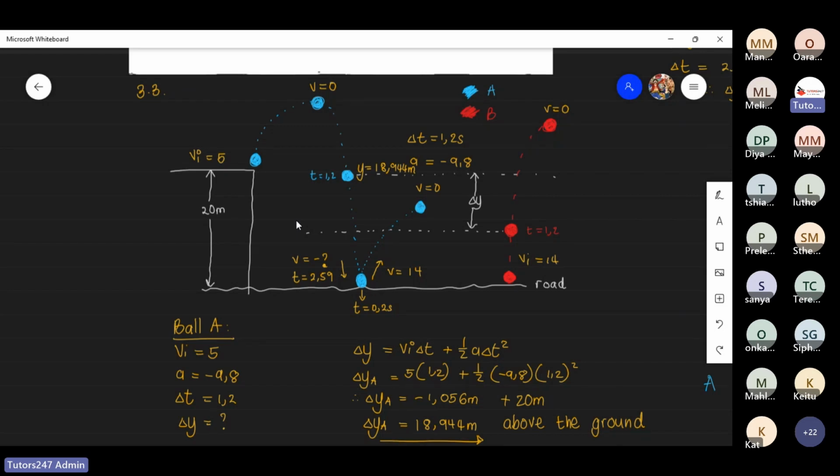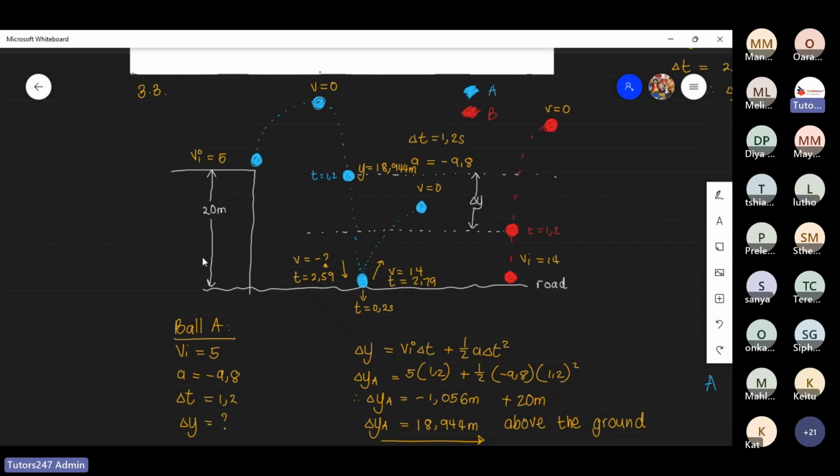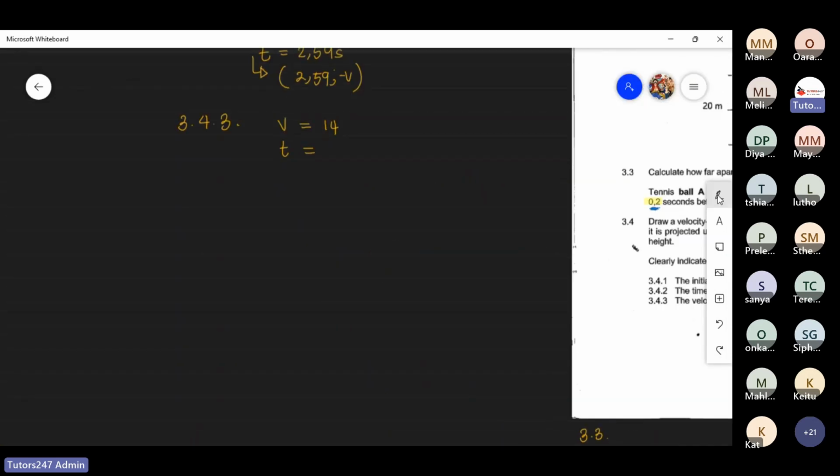So at what time would it have left the ground? All you do is you add the contact time to when it hit the ground. So add 2.59 plus 0.2, that'll give you the time when it leaves the ground, which is 2.79 seconds. So we now have the time for the 14 meter per second velocity.